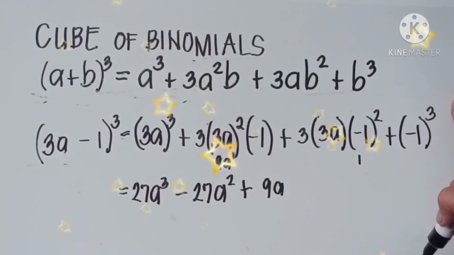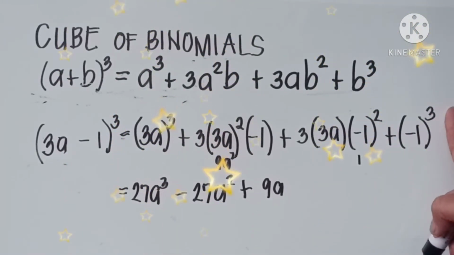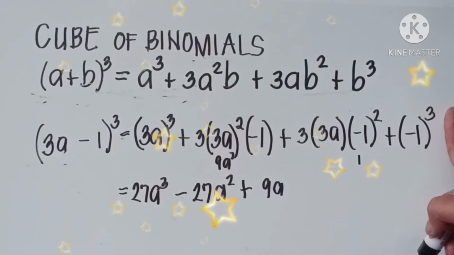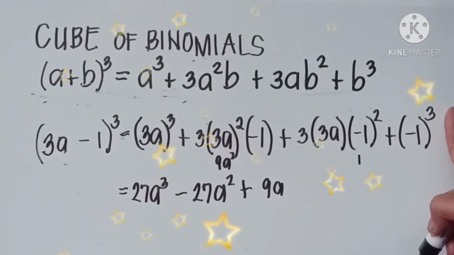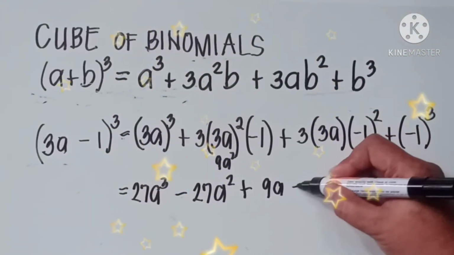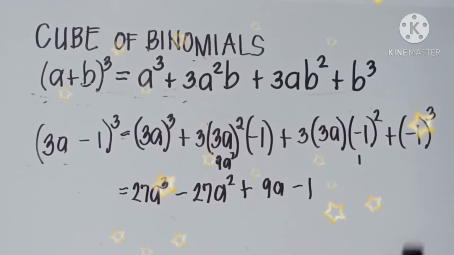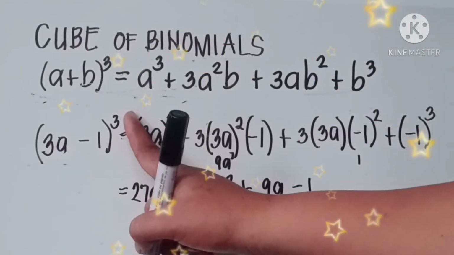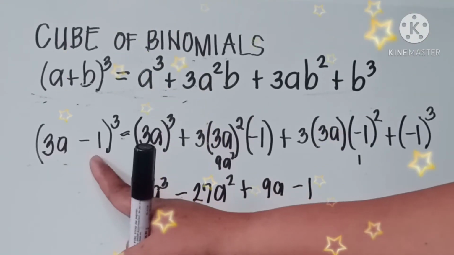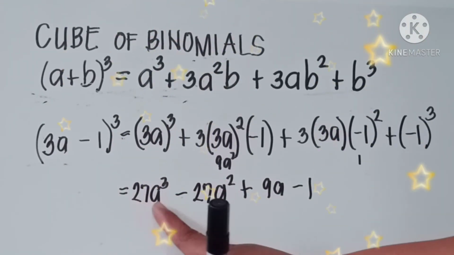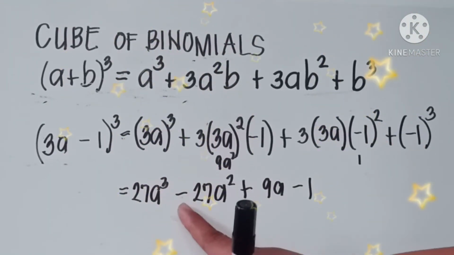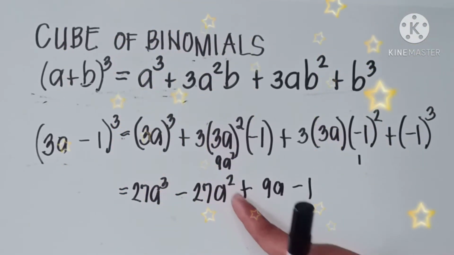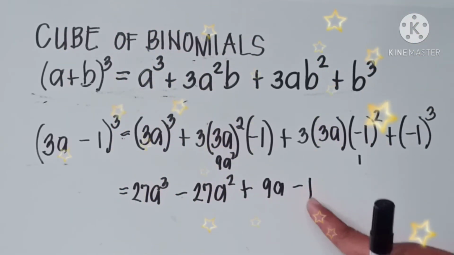And it is raised to the third power. So, negative 1 multiplied by negative 1 is positive 1. Then, multiply it by negative 1. The answer is negative 1. So, the product of the cube of 3a minus 1 is 27a cubed minus 27a squared plus 9a minus 1.